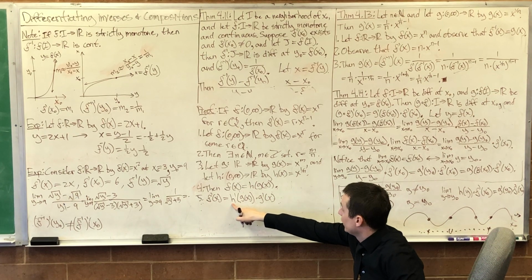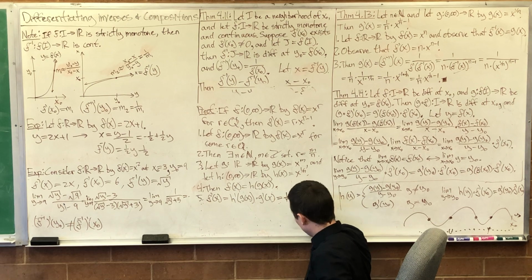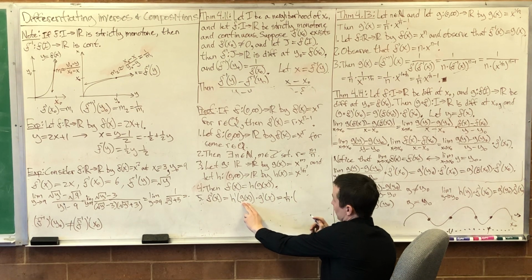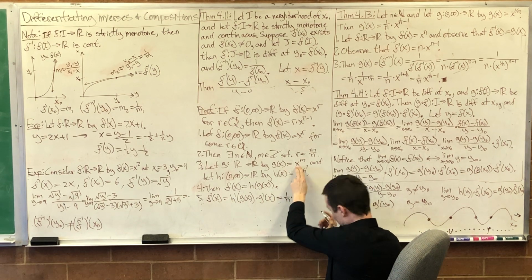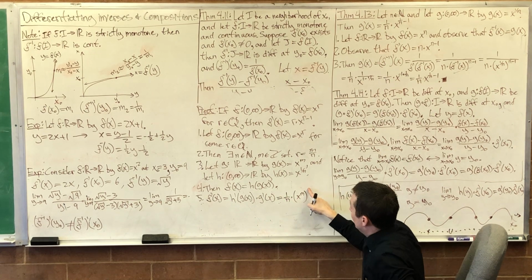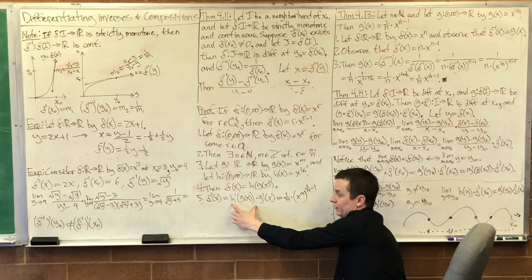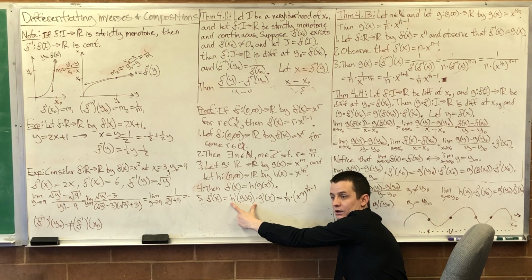What is h prime? So h prime is 1 over n times whatever we have, g of x, in this case g of x is x to the m, to the power of 1 over n minus 1. So that's doing this term. You with me on that? That's just using the power rule.